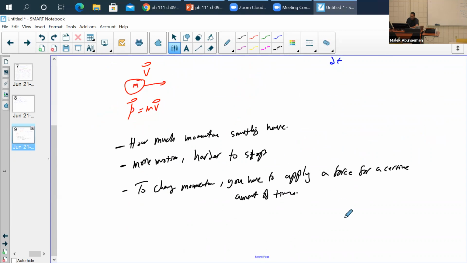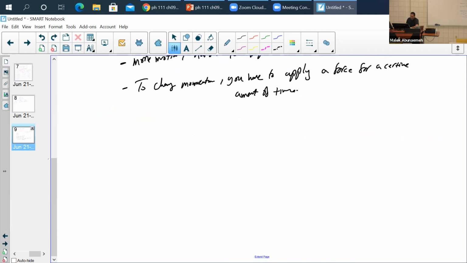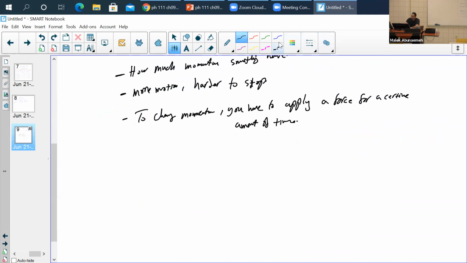So you change your momentum, and that equals F delta t.